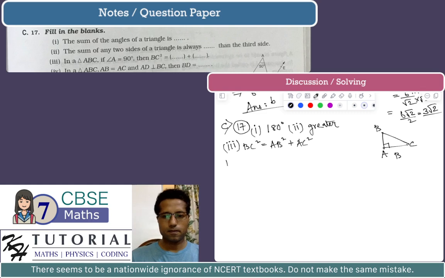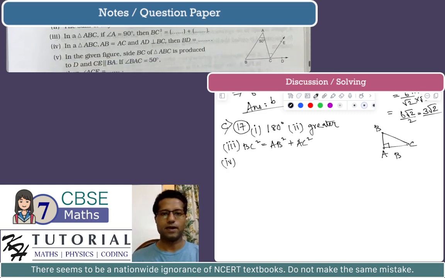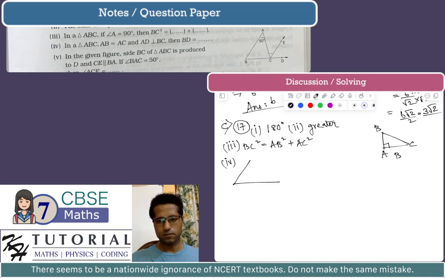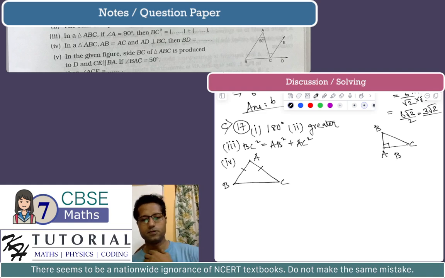Okay. Part 4, in a triangle ABC, AB equals to AC. AD is perpendicular to BC.